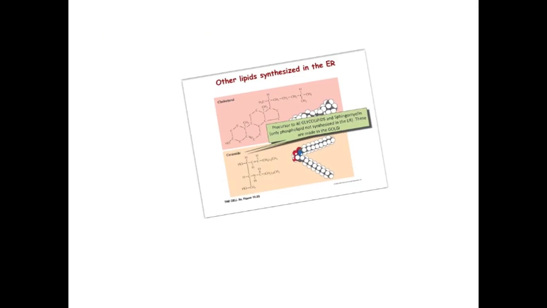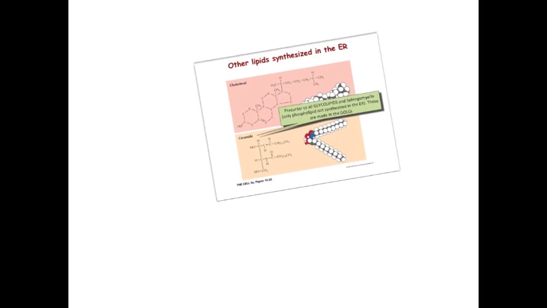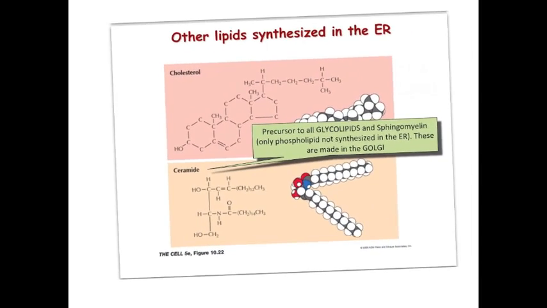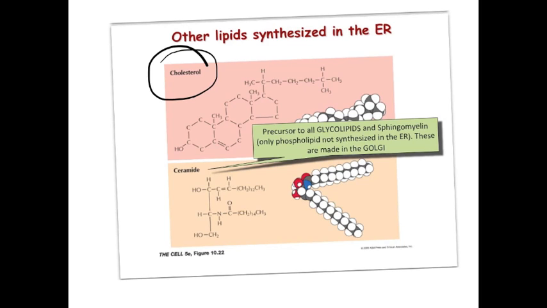Lastly, it is important to mention that it is not only phospholipids that are synthesized in the ER. Cholesterol, one of the other very important lipids within the cell, is also synthesized in the membranes of the endoplasmic reticulum. Similarly, ceramide, which is the precursor to all glycolipids, as well as to sphingomyelin.